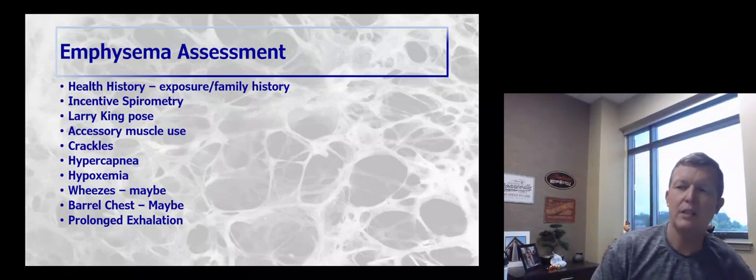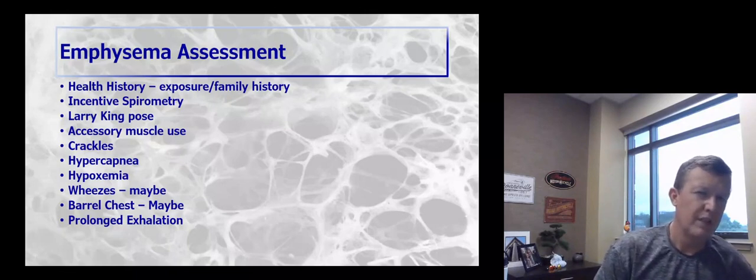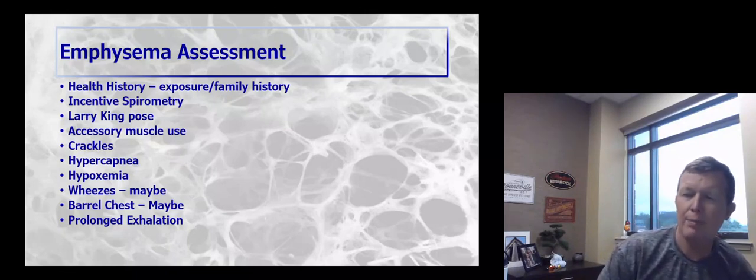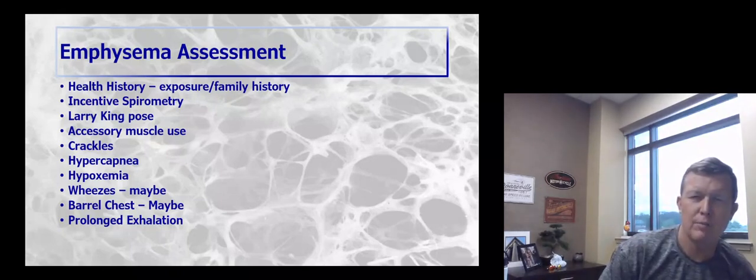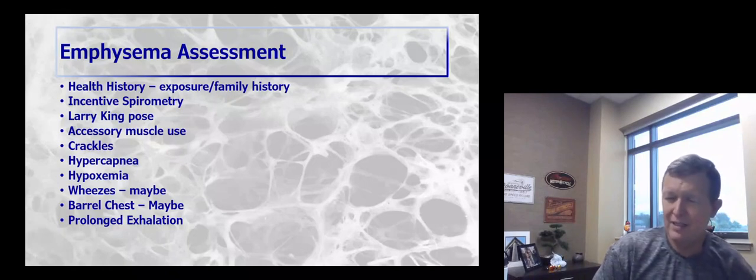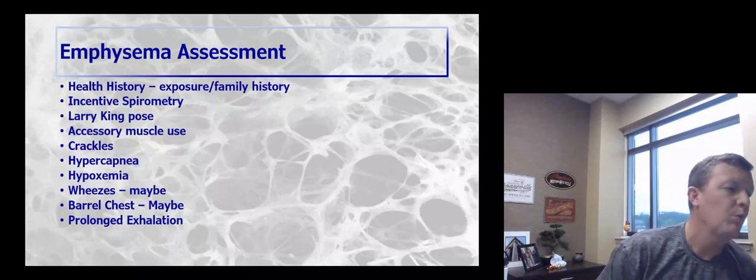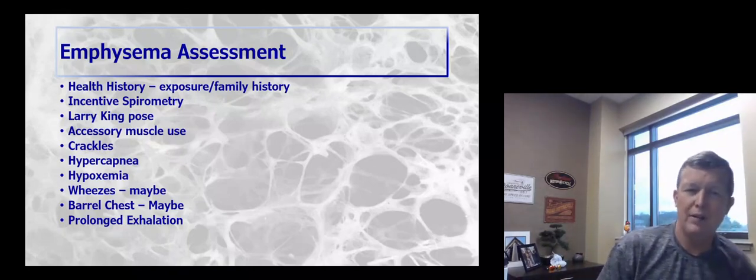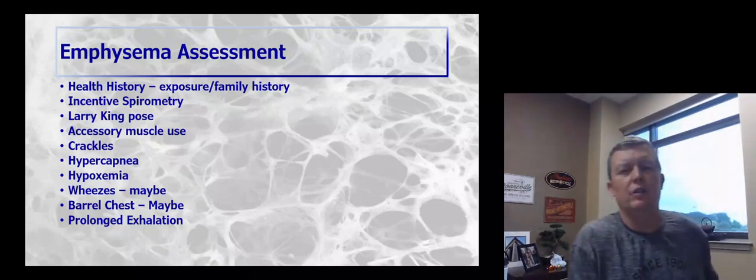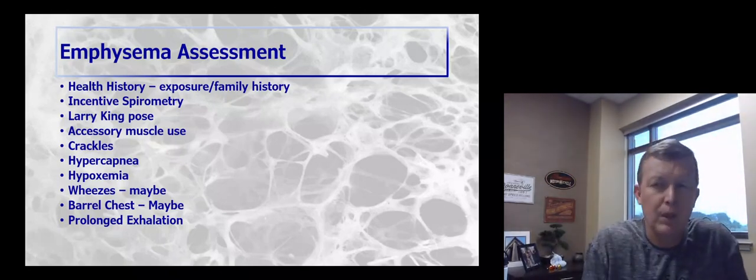Hypercapnia is a classic symptom for emphysema. You'll remember hypercapnia from our discussion of arterial blood gases. Hypercapnia is elevated CO2. This is chronic. In this case, it's chronic CO2 retention. These patients will have baseline elevation of their CO2.